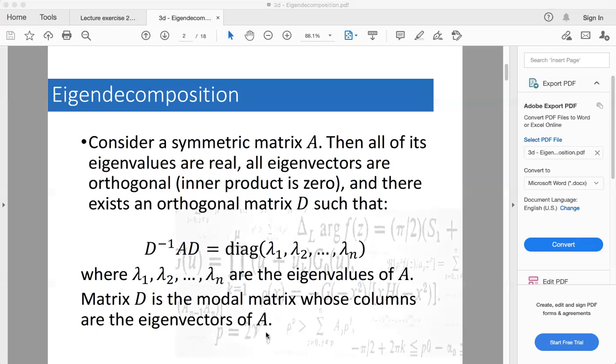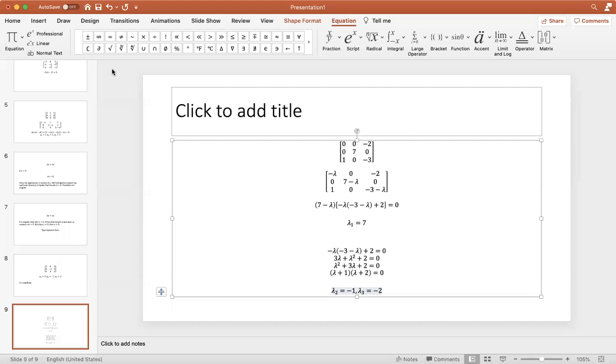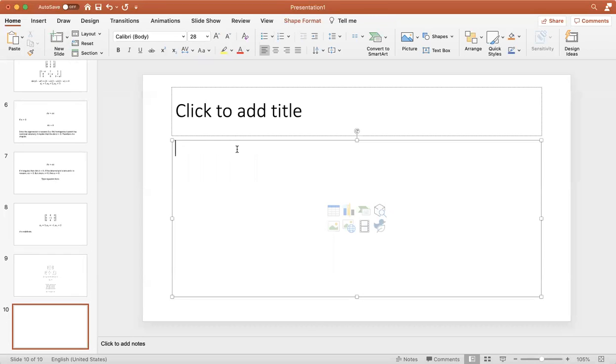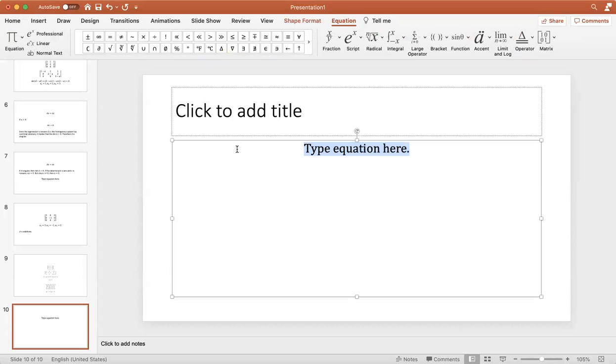Let me just share the PowerPoint screen again. If you recall this problem earlier, this is in the problem set. Of course, I'm not going to show the solution. There's a problem there that tells you that you can actually get A squared.